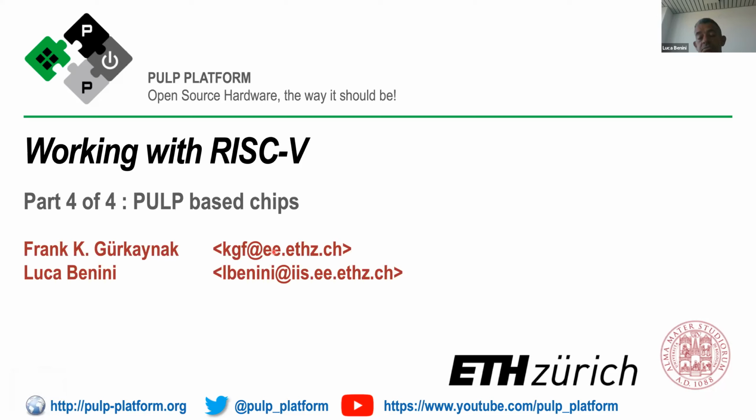It's not completely public, but there are a couple of companies that are already implementing their transceivers using our PULP cores. For example, one of these companies using our PULP cores for implementing IoT and NB-IoT transceivers is ACP, Advanced Circuit Pursuit, a Swiss company that is developing, among other things, NB-IoT modems and things like that.